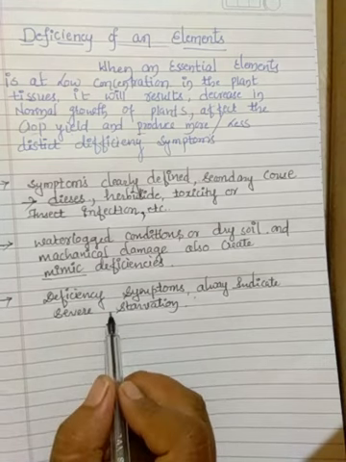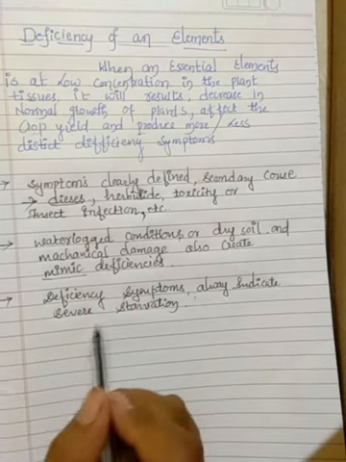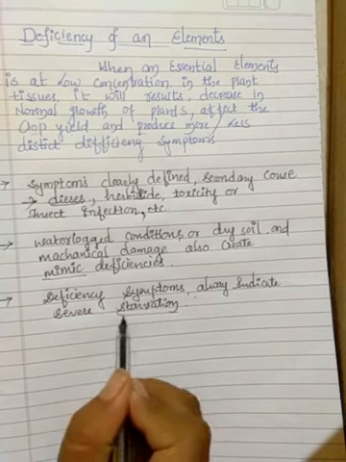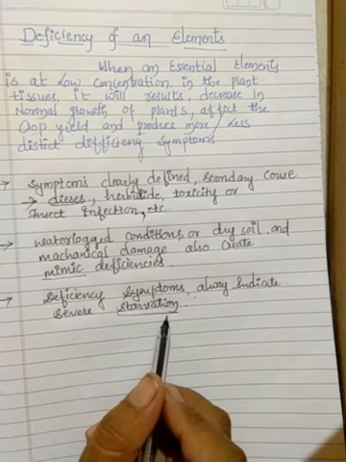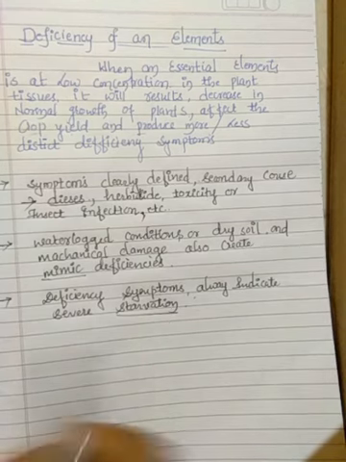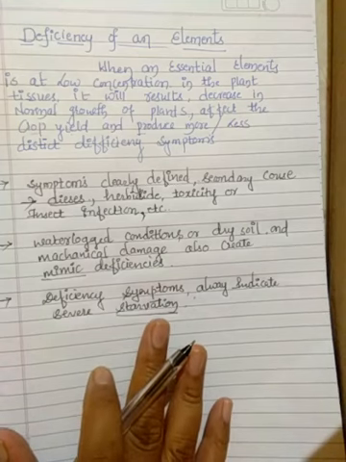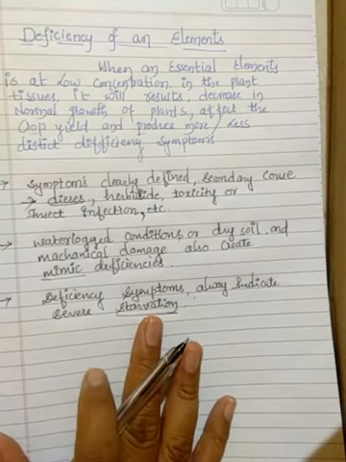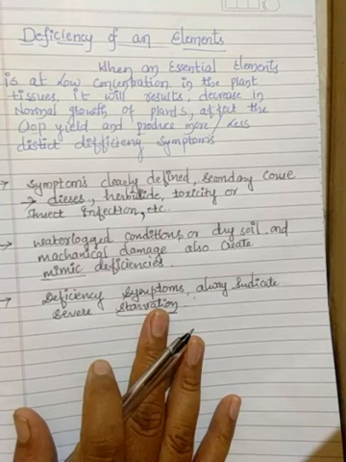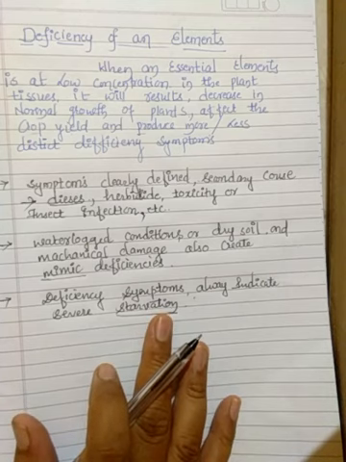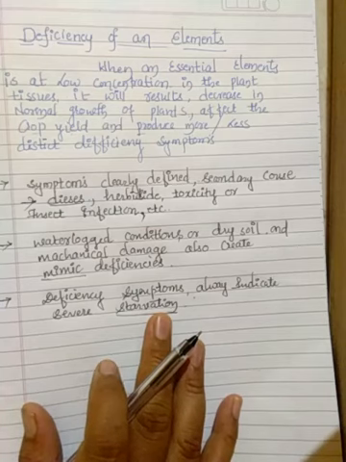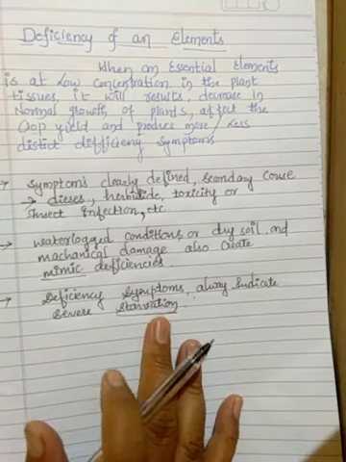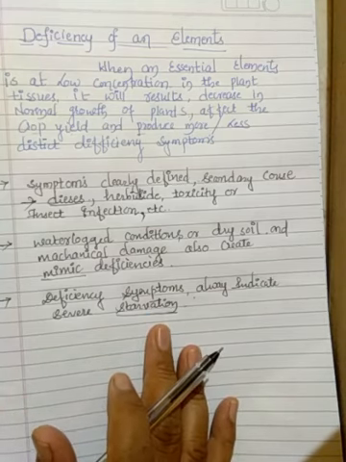And again, deficiency symptoms always indicate severe starvation. If crops do not get proper feeding, starvation may happen. Not getting proper food at the proper time, we call starvation.